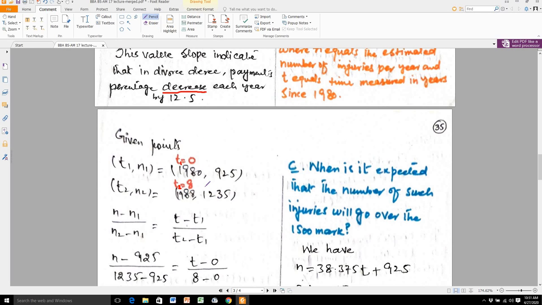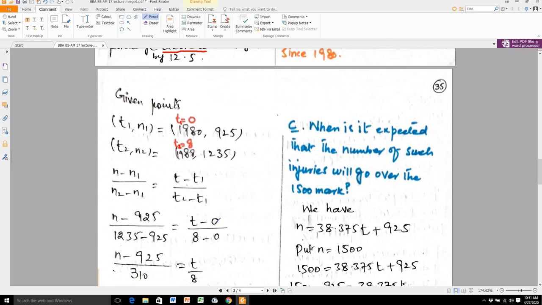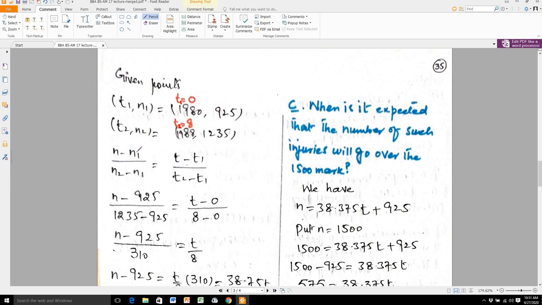Now again, by using the two-point formula, that is, n minus n1 divided by n2 minus n1 is equal to t minus t1 divided by t2 minus t1. Here you see that n1 is equal to 925 and n2 is equal to 1235.